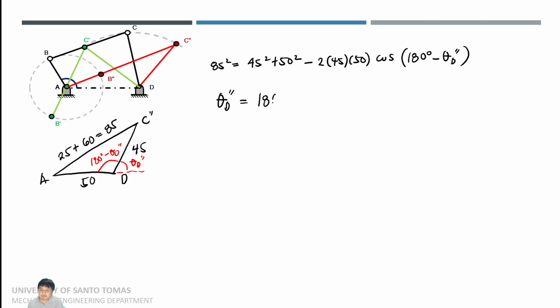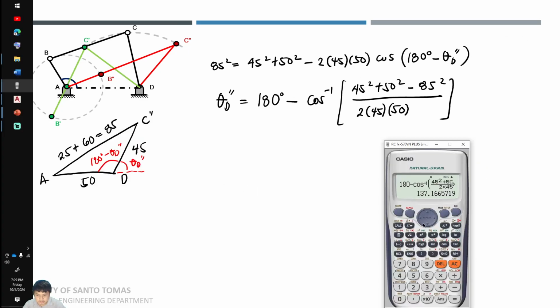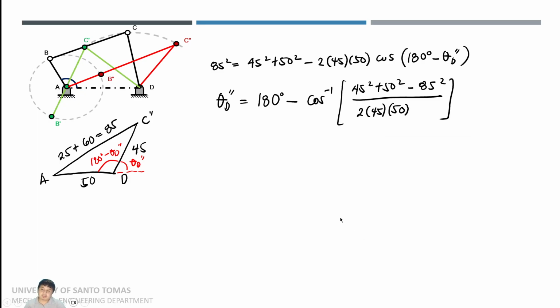Similar to this, we have 180 degrees minus arc cosine of 45 squared plus 50 squared minus 85 squared all over 2 times 45 times 50. I can just change this one to 85. So the answer should be 53.13, so the angle here is 53.13 degrees.